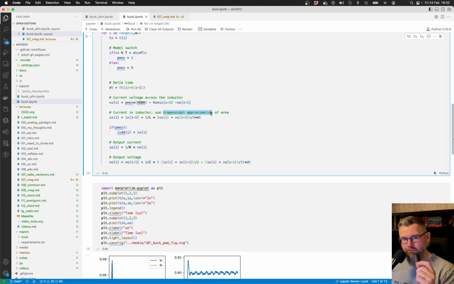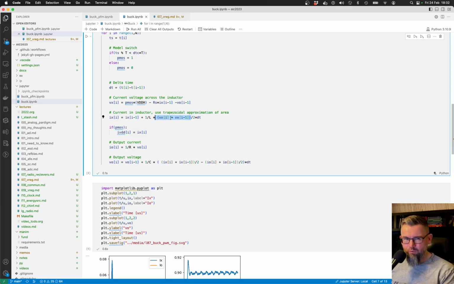Turns out that numerical integration has a sensitivity to time step and floating point accuracy. I'm not a great mathematician for numerical things, but it helps to do the area like a trapezoid.